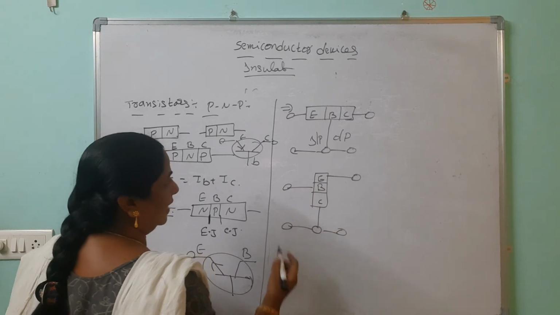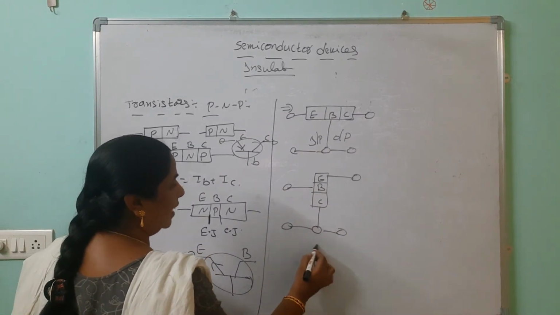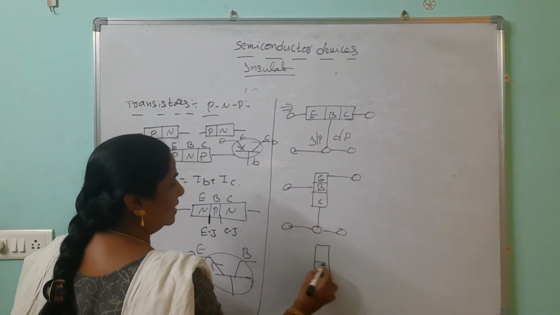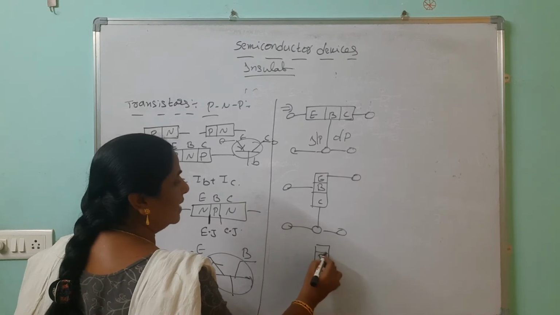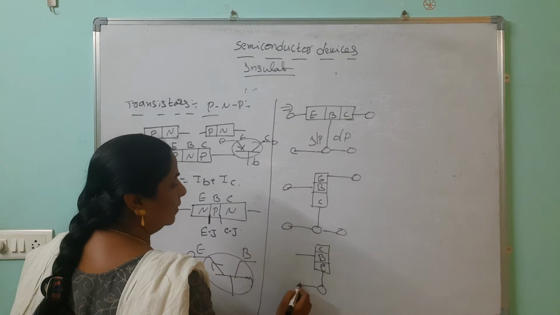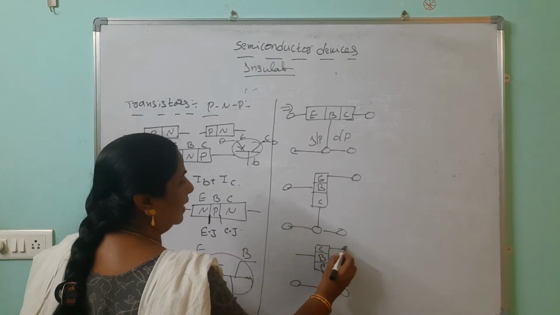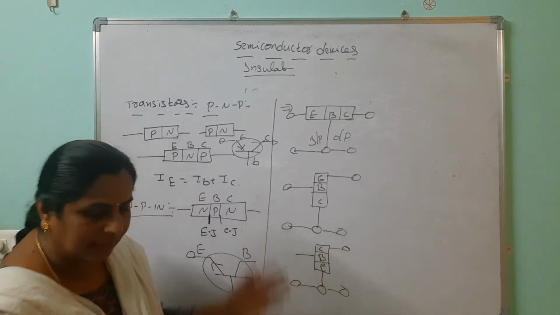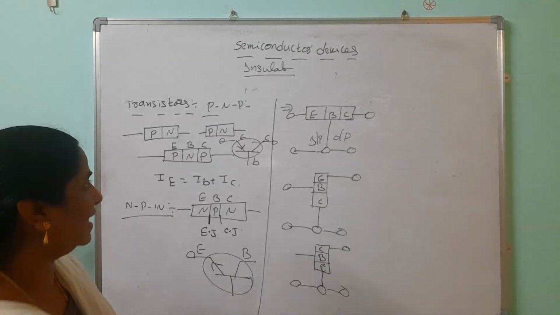Like that common emitter means this is the emitter, this is the base, and this is the collector, and the emitter is common for both input and output. So there are three configurations in the case of transistors.